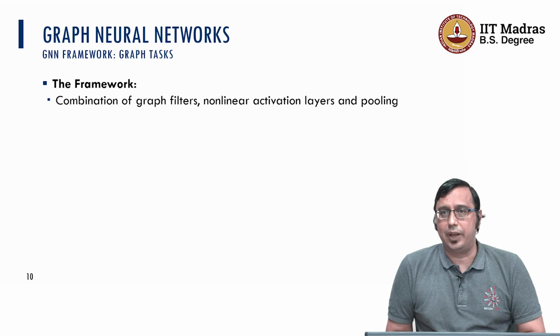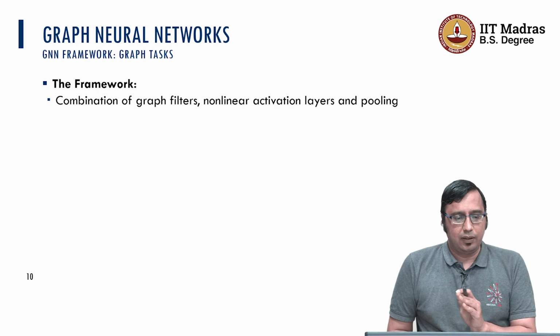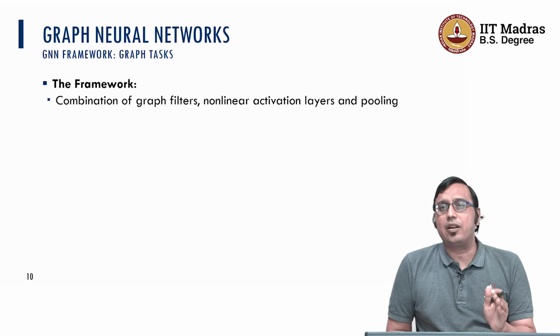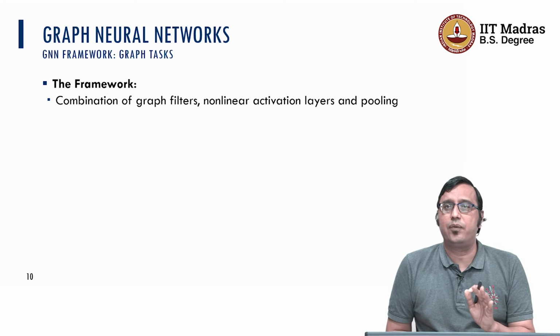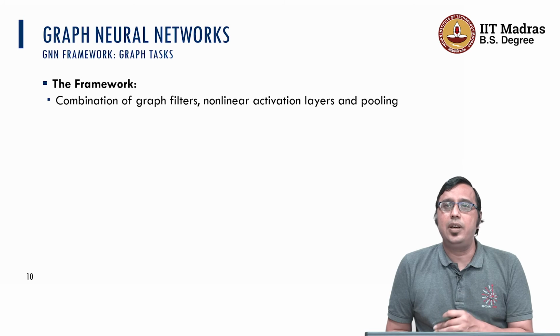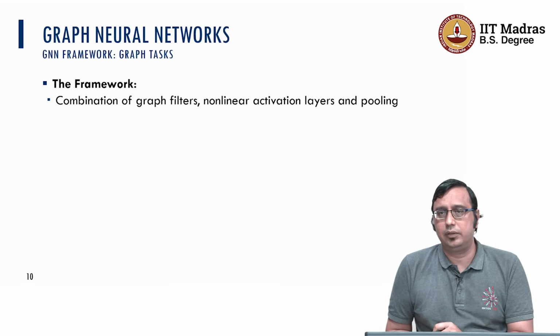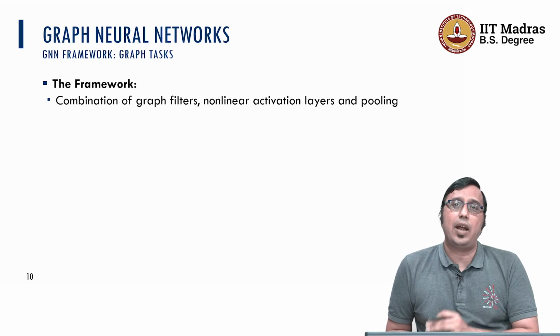However, in addition to that, we will have pooling layers. Remember that we need to create a good feature vector for a particular graph to perform a graph level task. For example, given a molecular structure, I would like to create a feature vector for that molecular structure, which I can use later on for any downstream task.